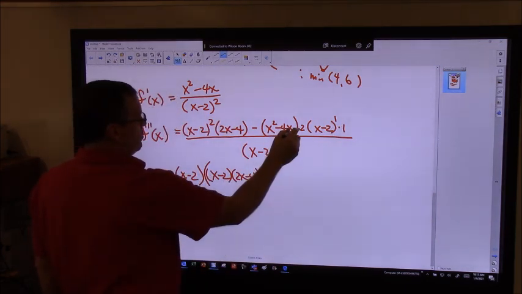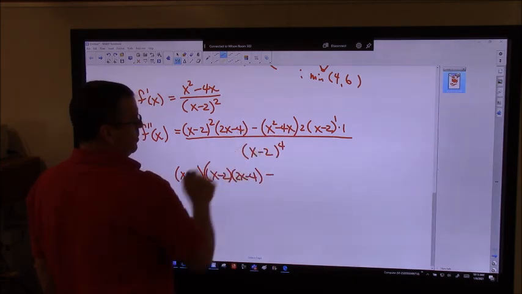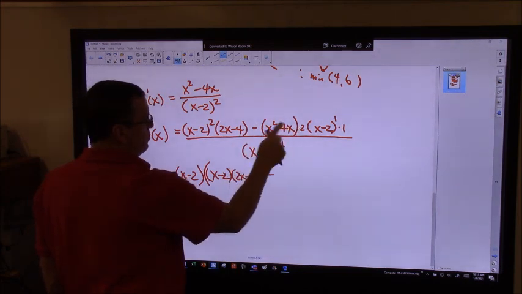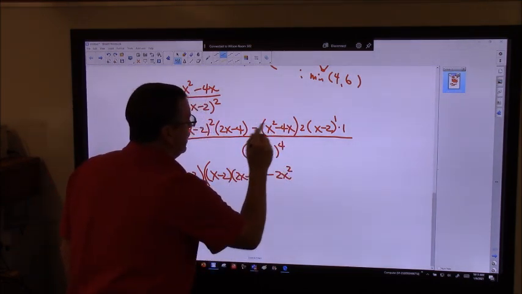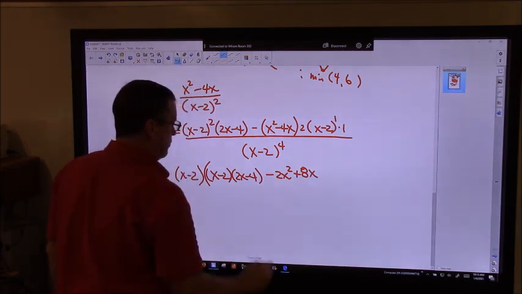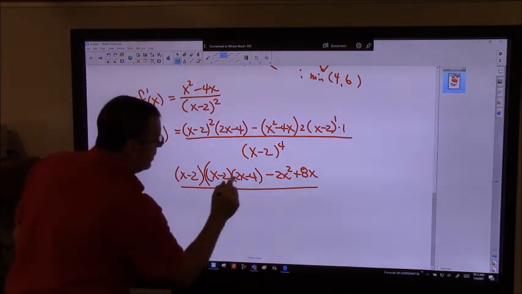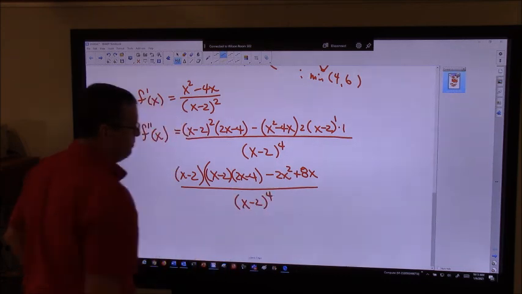I want to distribute this 2 to these two terms, and I also want to distribute the negative sign. So negative 2 times each of these: that would be a negative 2x squared, negative 2 times that would be a positive 8x. And then I've got x minus 2 to the 4th power.